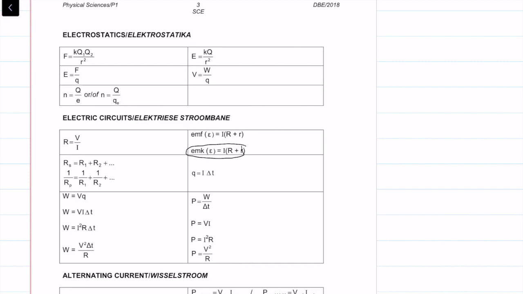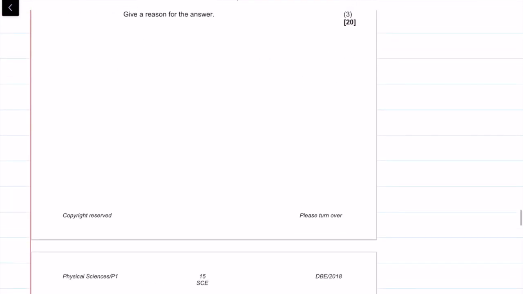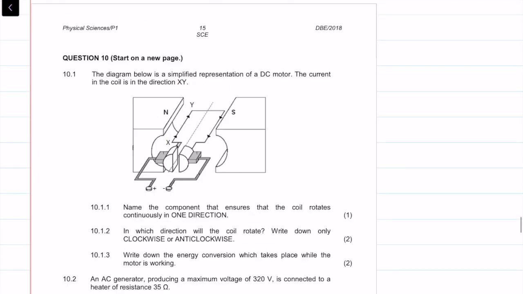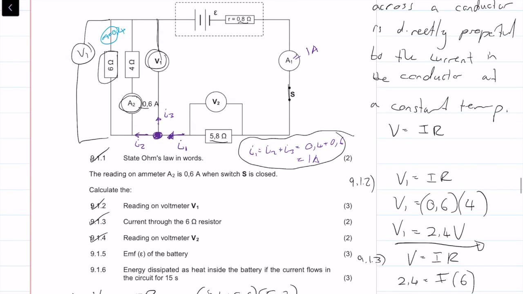The EMF equals I times R external plus R internal. So EMF equals I times R external plus small r. Now the question is, what is our external resistance?